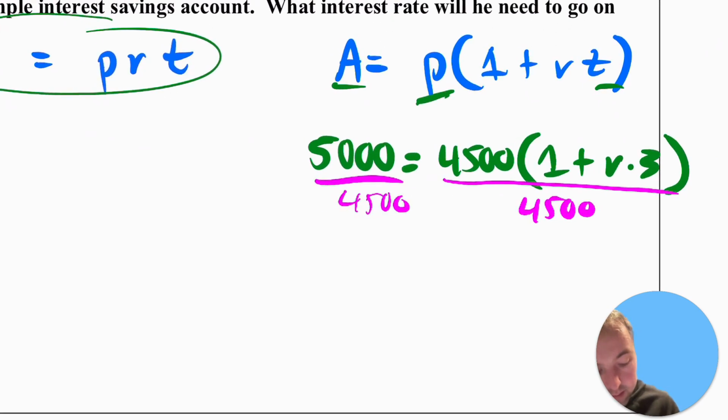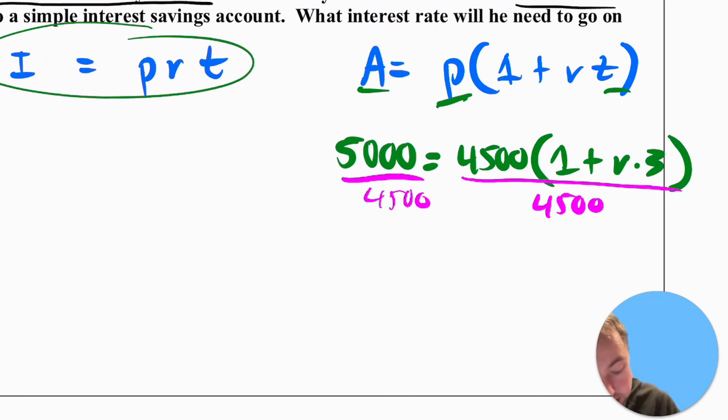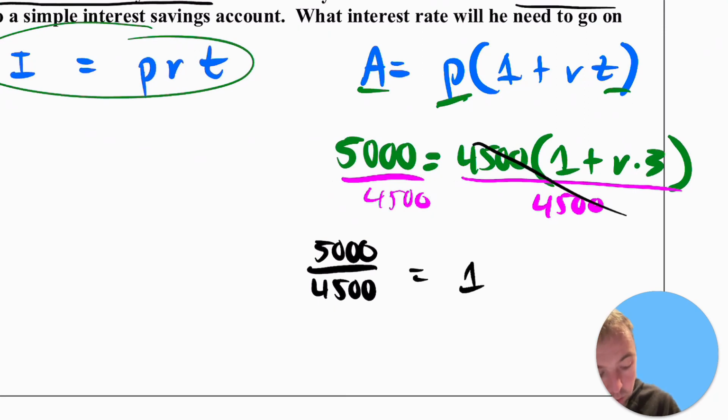I'll leave this side as 5,000 divided by 4,500, and that's equal to 1 plus 3r.